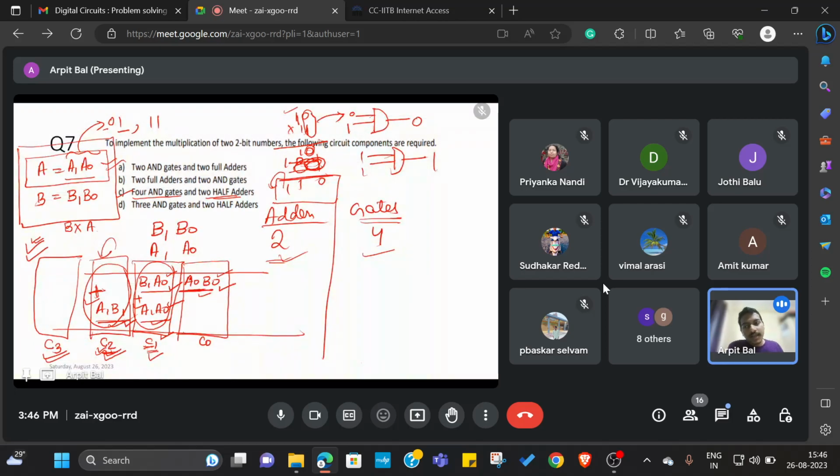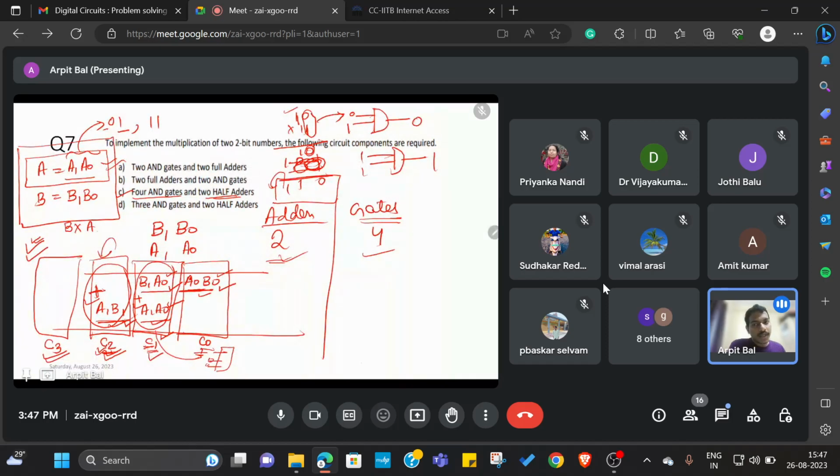Had there been a case where we required 3 inputs to be resolved into sum and carry, only in that case would we need a full adder. Okay, so you can also make an argument that I can use a full adder here, right? You give these 2 inputs here, and to this one you can give 0.